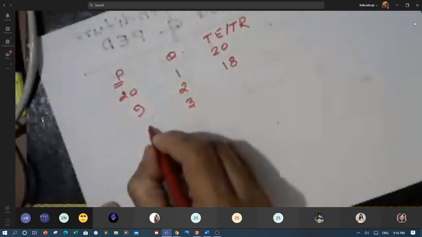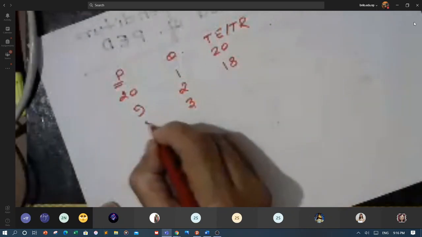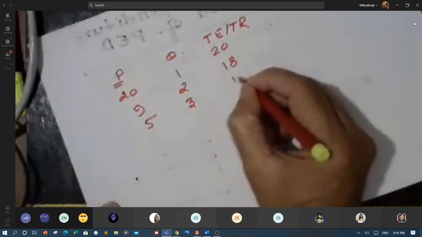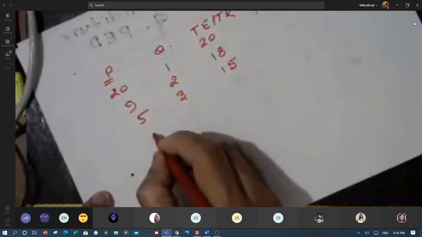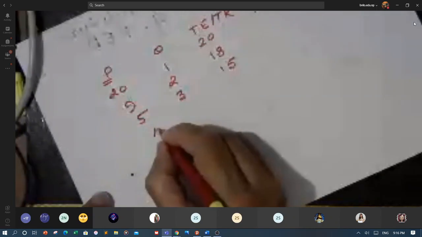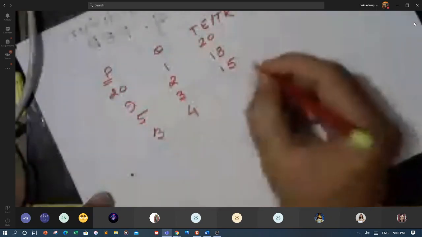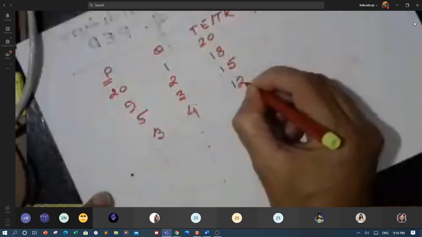Price decreased to 5. Total expenditure decreased to 15. 3, 4, 12.